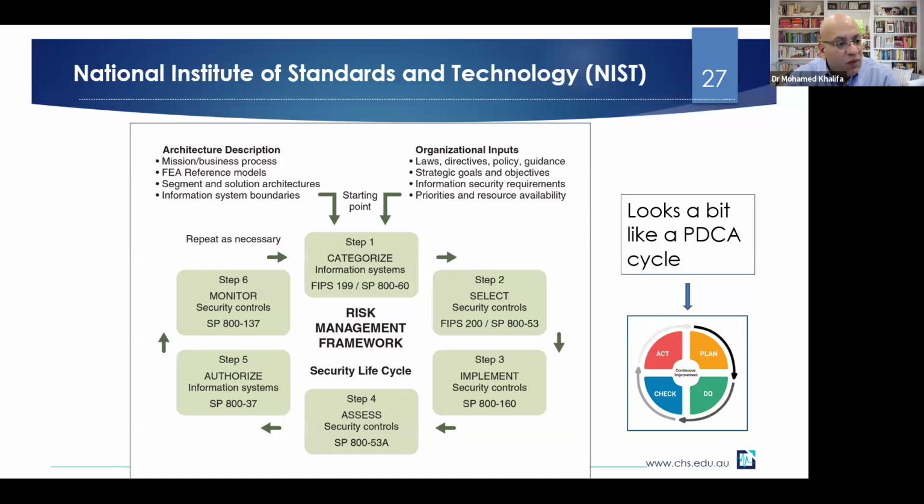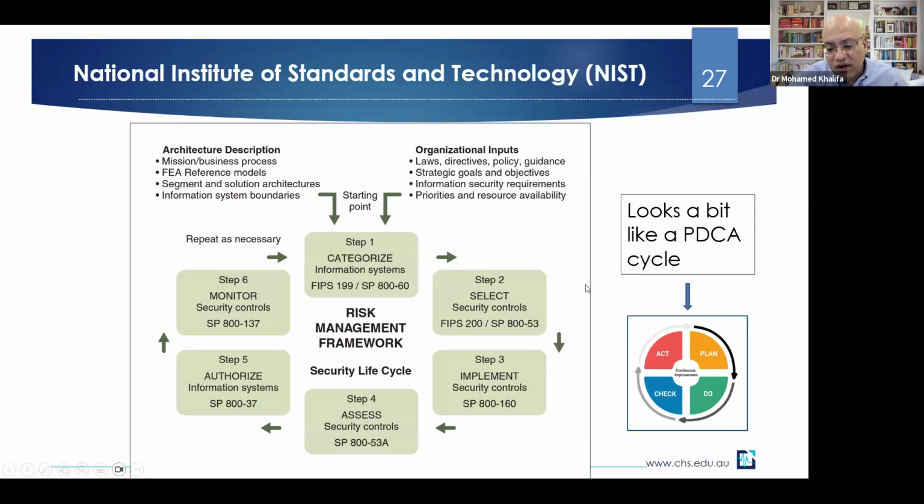When we look at the National Institute of Standards and Technology, we find that we have an architecture description and organizational input. And then we have 6 steps. For example, the first is about categorizing the information systems, then selecting security controls, then implementing the security controls, then evaluating these security controls, authorizing them, and then monitoring these security controls.